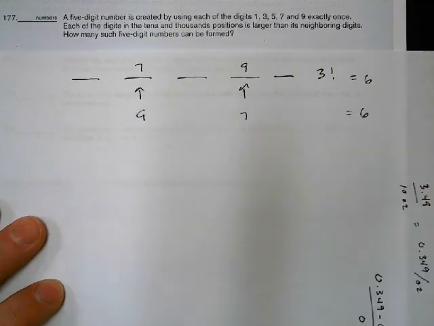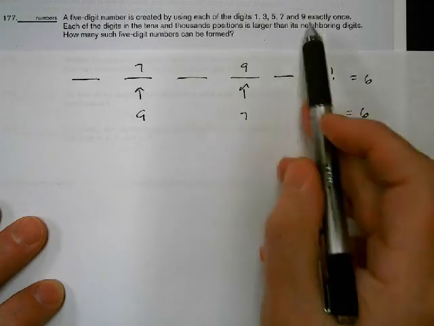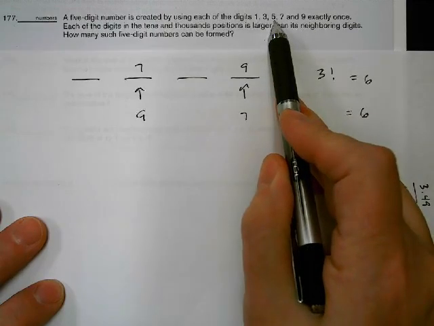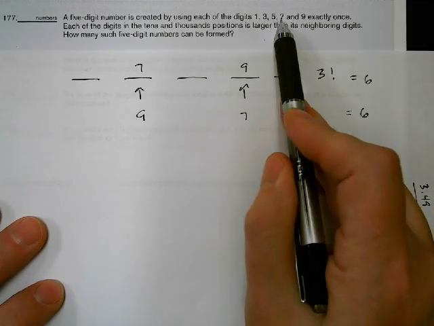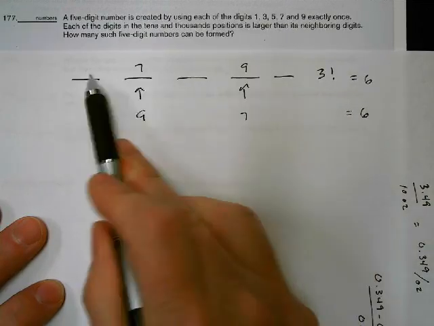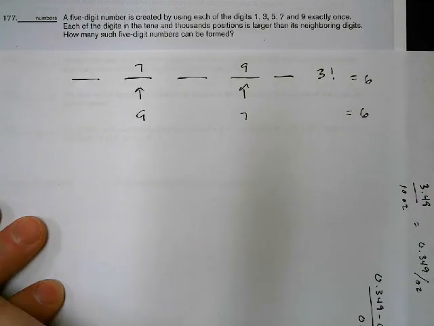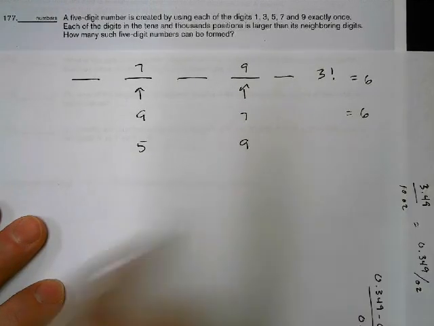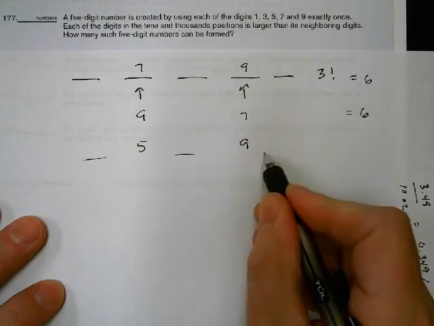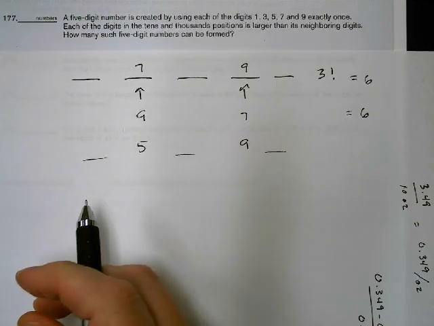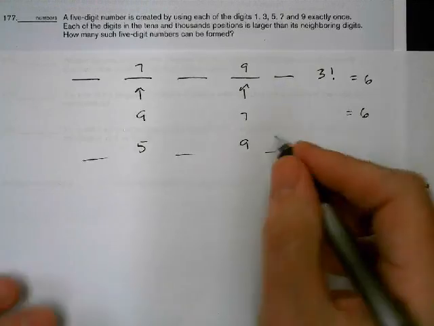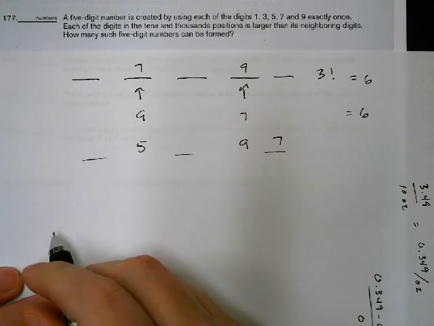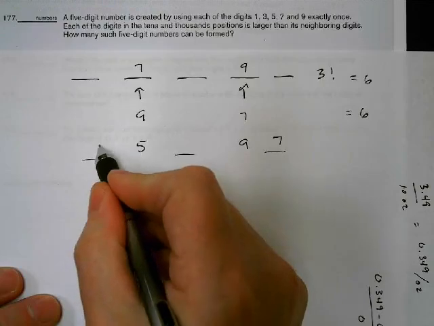But we can actually do this with a 9 and a 5. We can't do it with a 5 and a 7 because a 9 would be on either side of the 5 or 7 and it wouldn't work here. So if I put a 5 here and I left the 9 here, how many ways could I pull this off? Well, the 7 would have to go over here, and then the 1 and the 3 could go here and here, or we could switch it and go 3, 1.